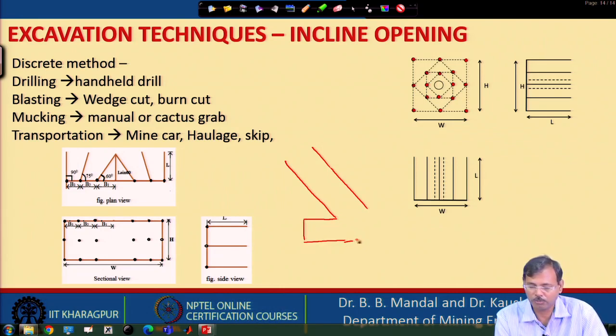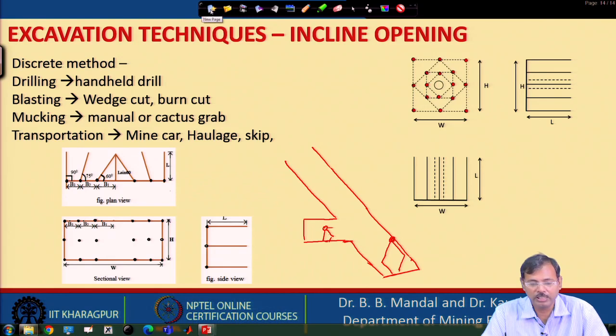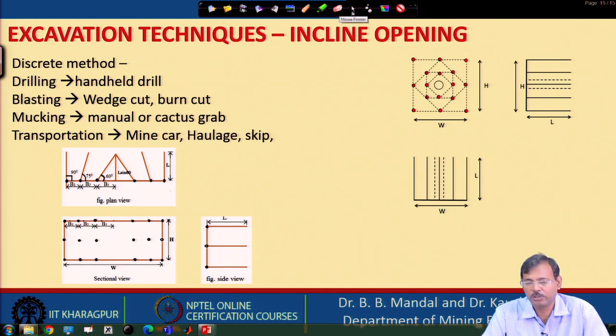So, in case of blasting, this cactus grab etcetera is shifted to this position, and when the blasting is practiced at this place, then again it is taken out at this position, then the muck is taken out using this cactus grab, and transportation is generally practiced using the skip, a temporary skip installed in the hoisting system.